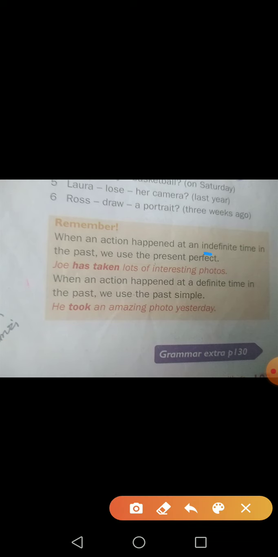Let's see the note on page 103. Remember, we said that's the only important thing on this page. Don't study any of the rest, only this note. Remember, when an action happened at indefinite time in the past, we use the present perfect. So again, indefinite here means unknown.